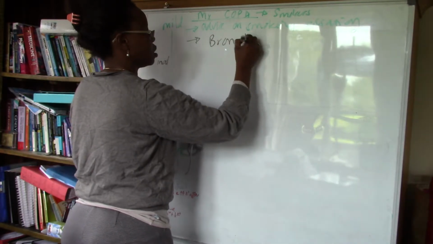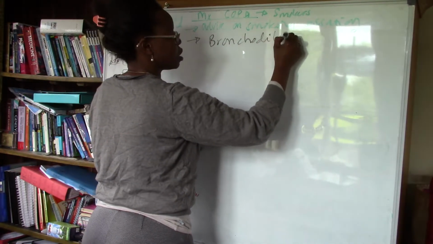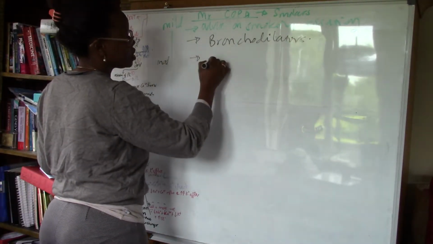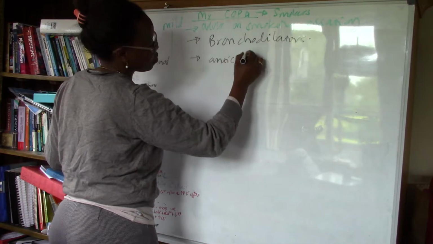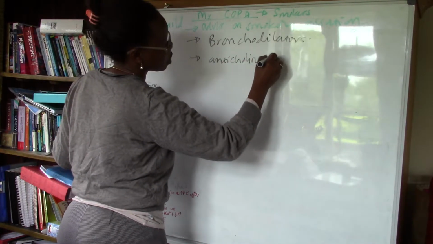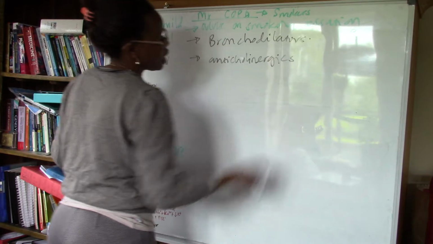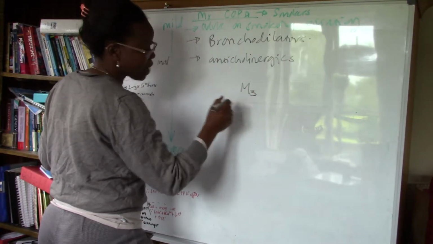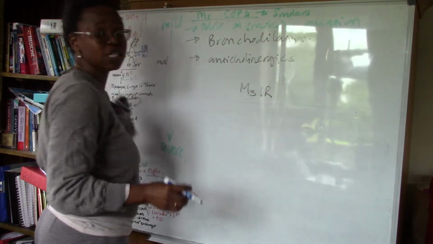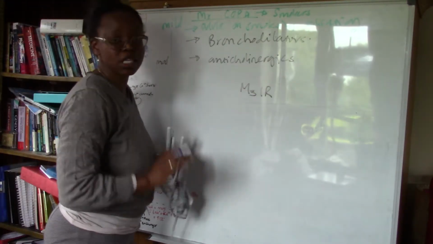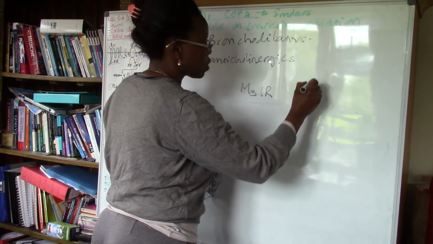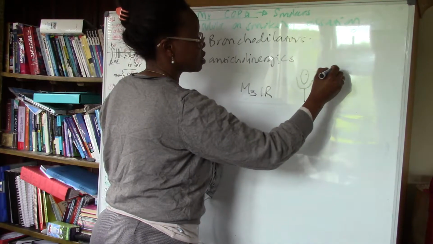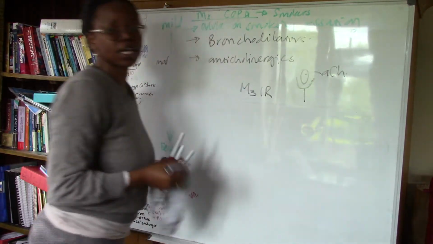Bronchodilators. Other forms of bronchodilators that are given are the anticholinergics, and again, all they do is work on the M3 receptors, which are found again on the small airway smooth muscles, and all they do is block the binding of acetylcholine.